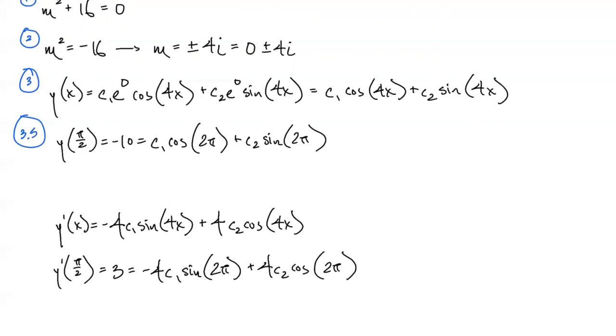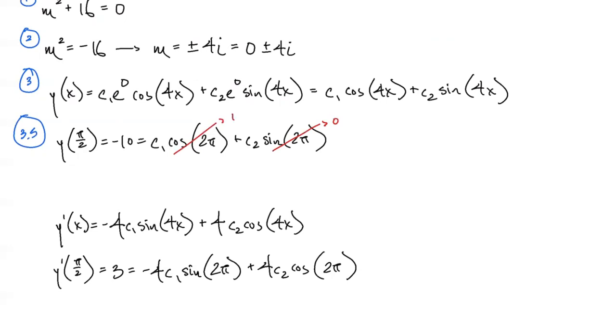Now 2 pi, no matter how we feel about our unit circle, 2 pi is the same as 0. So this would be the same as the starting point on your unit circle, and the starting point on your unit circle has a y value of 0. So sine of 2 pi is 0 and cosine of 2 pi is 1.